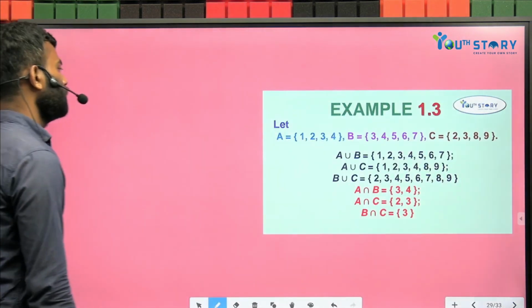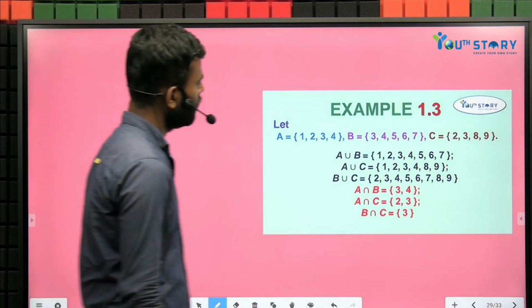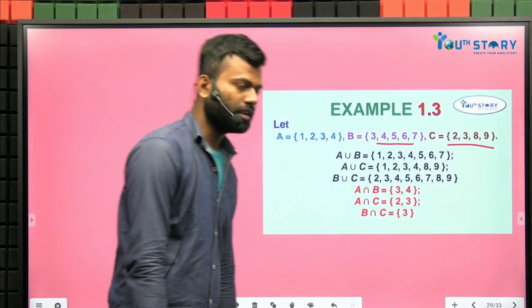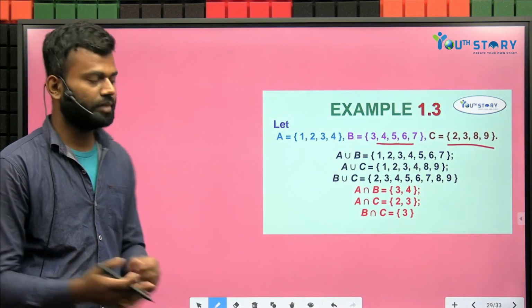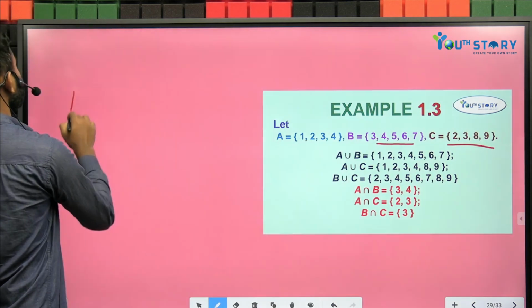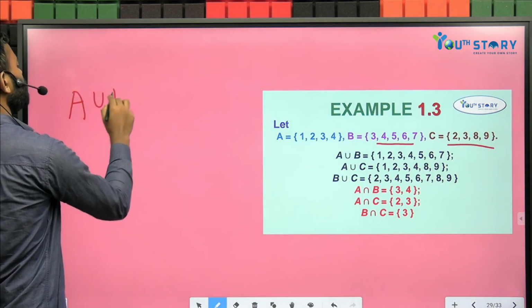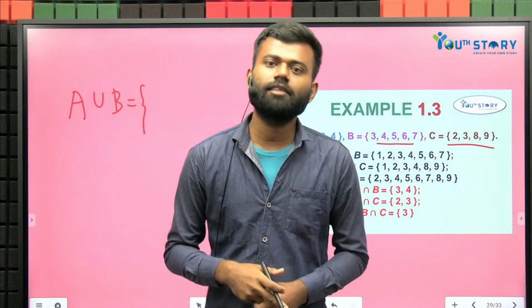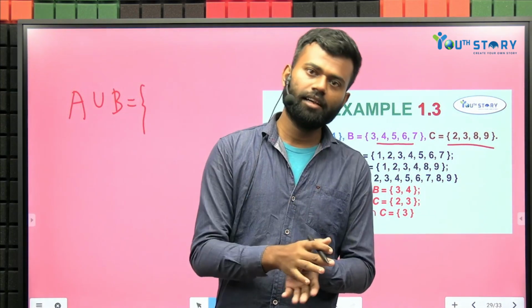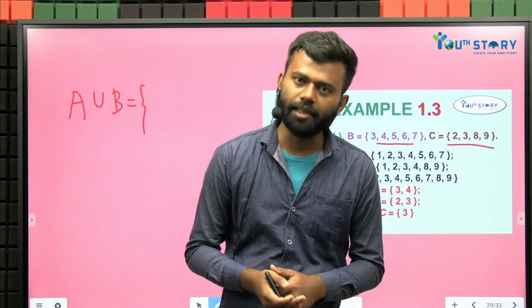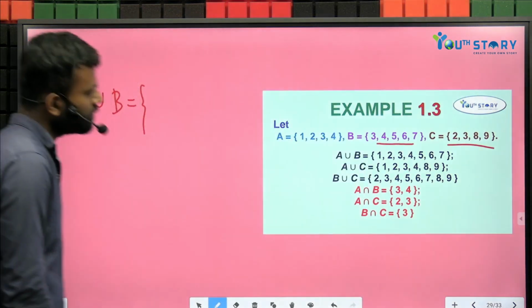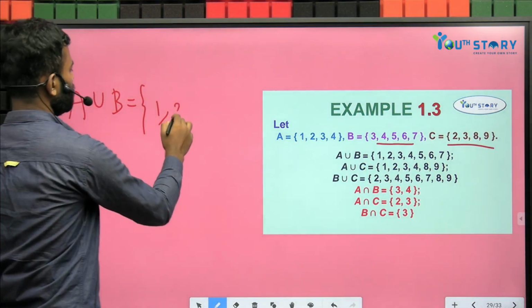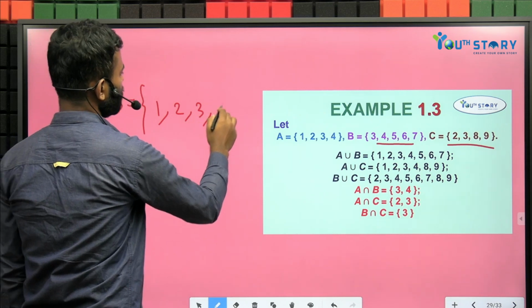Now if A equals {1, 2, 3, 4}, B equals {3, 4, 5, 6, 7}, C equals {2, 3, 8, 9}, then suppose we are interested to find A union B. According to our definition, we take all elements of A as well as all elements of B. So first we collect the elements of capital A: 1, then 2, then 3, then 4.